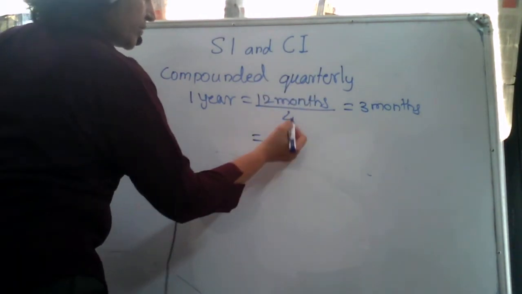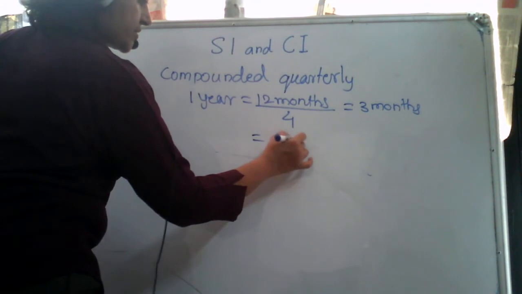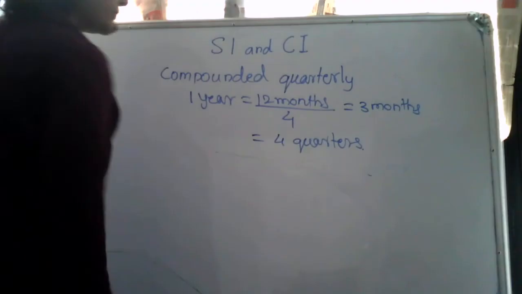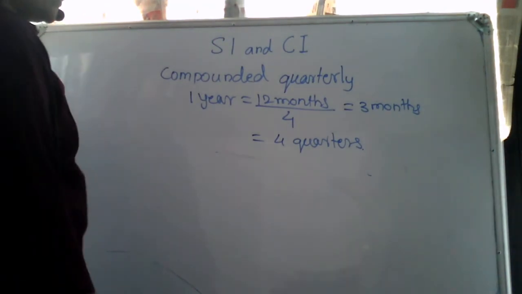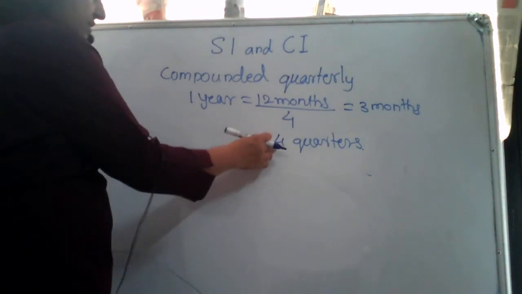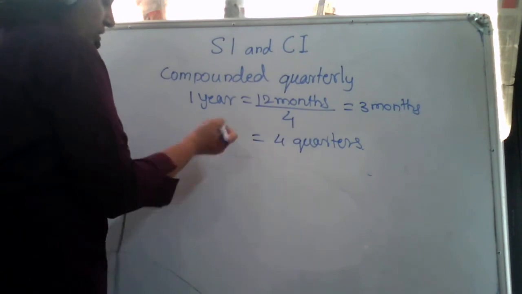So this is going to be 4 quarters. Okay, so there are 4 quarters in 1 year, is what I have shown you here. Now what about R?